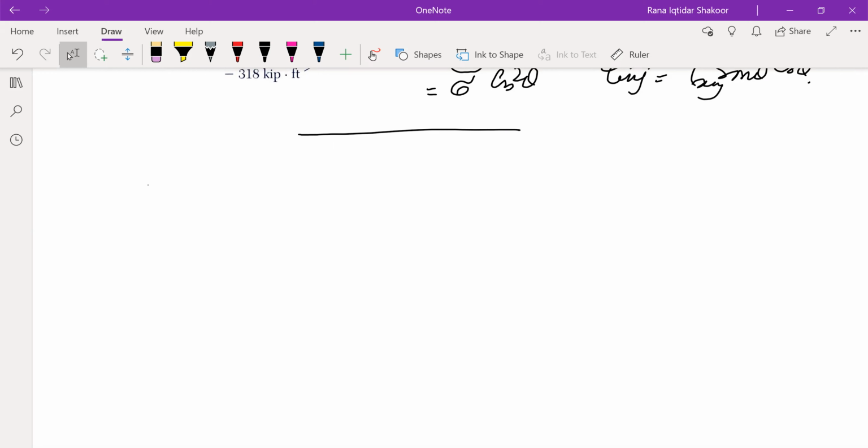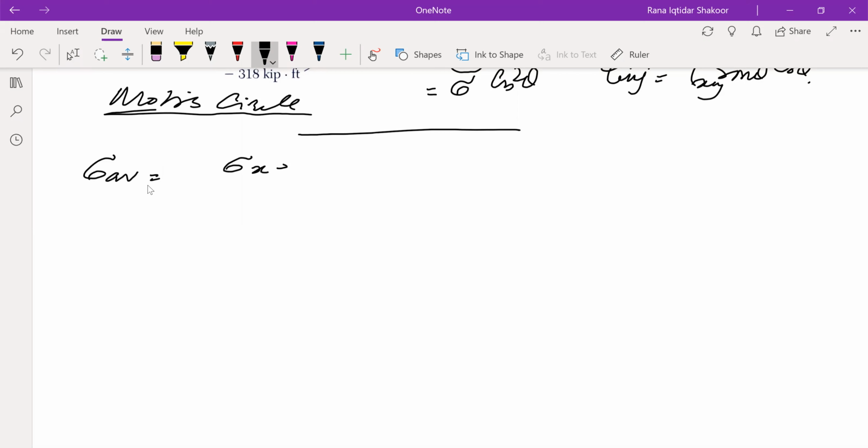We started discussing Mohr's circles, obviously. So we were discussing Mohr's circle and we calculated the two basic values. One was sigma average, that was sigma x plus sigma y divided by 2, and this information gives me the center of the circle.